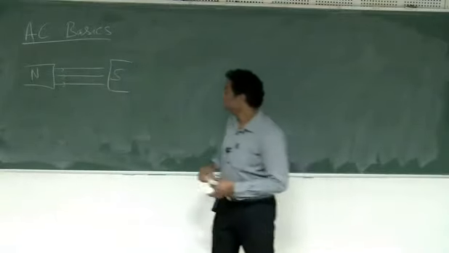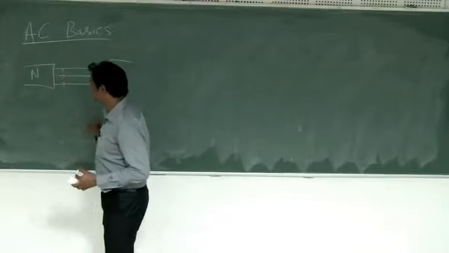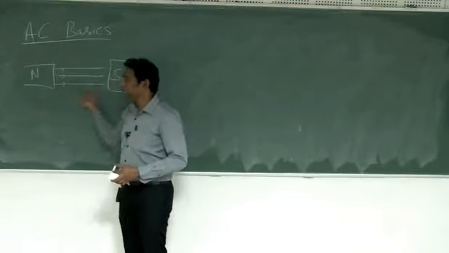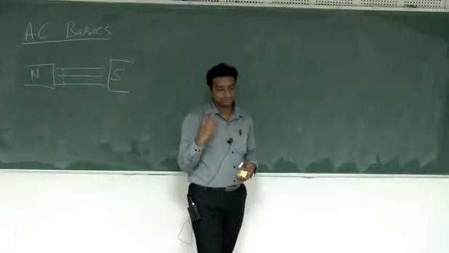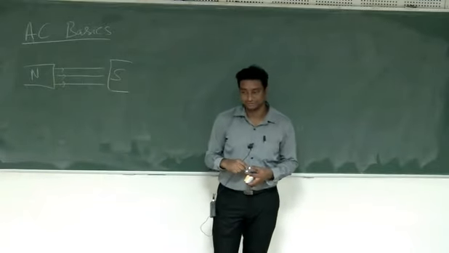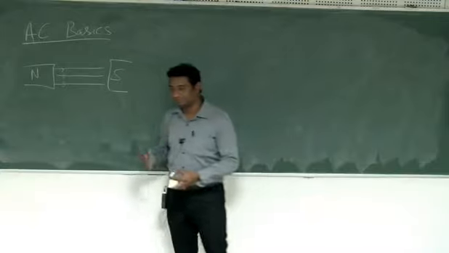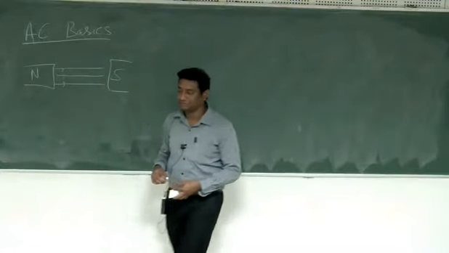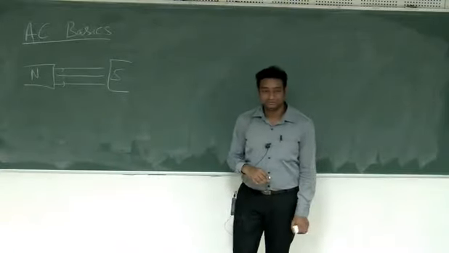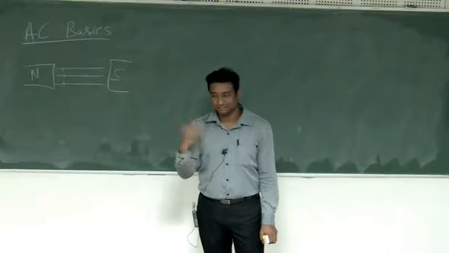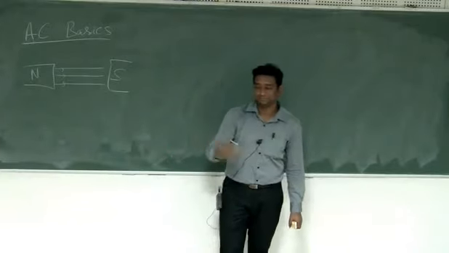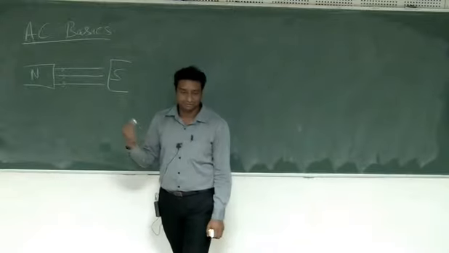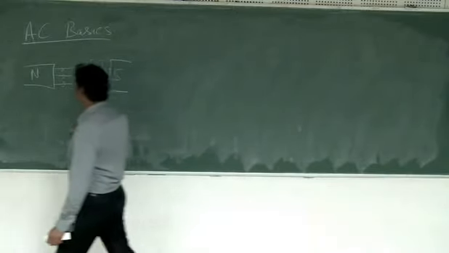When I draw the diagram like this, the north pole and south pole may be generated through some electromagnet. It need not be a permanent magnet. So what is an electromagnet? When you send current in a wire, it creates some magnetic field, and when you use a core to collect that magnetic field, you get an electromagnet. We will come to that.